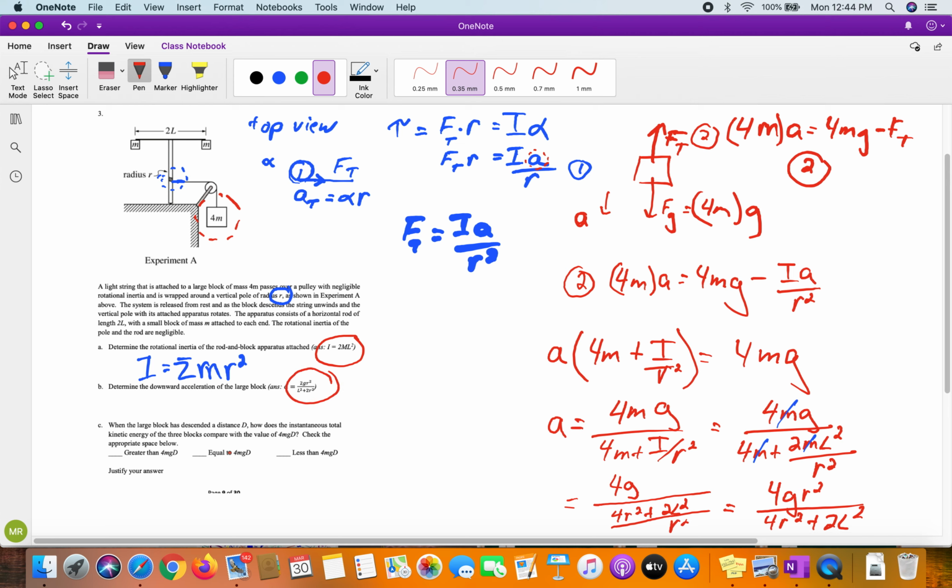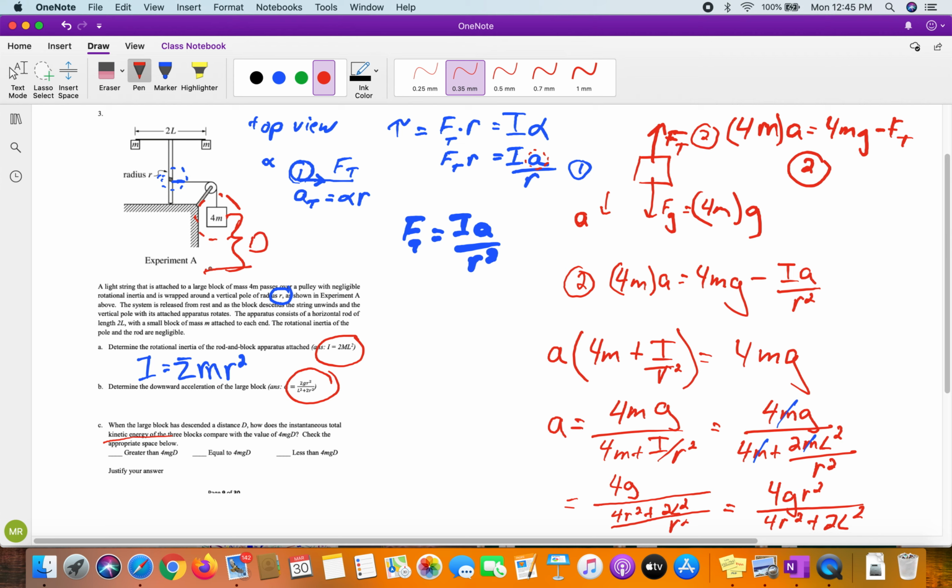Now, when the large block, this 4m mass, has descended a distance d, how does the instantaneous total kinetic energy of the 3 blocks compare? So when they're talking about energy, then obviously it's probably beneficial for us to switch to energy mode. The initial energy of the system is just potential. This is the object that wants to fall. And apparently it's going to fall a distance d.